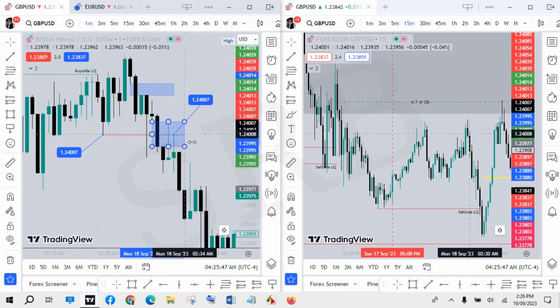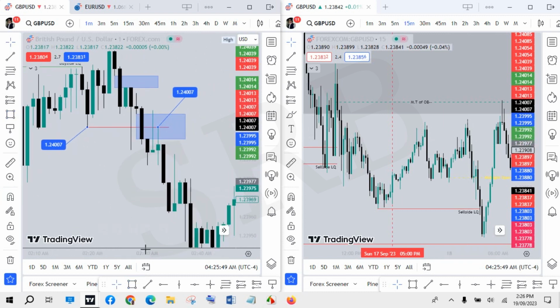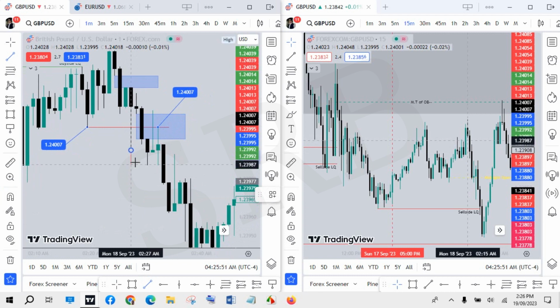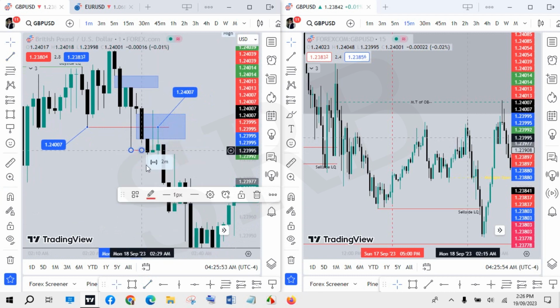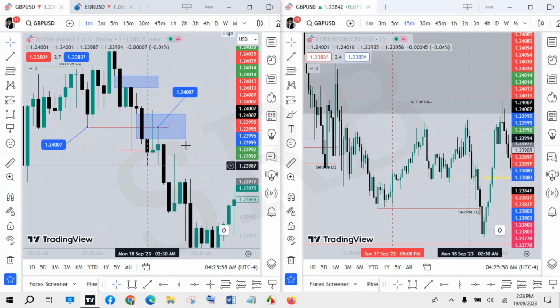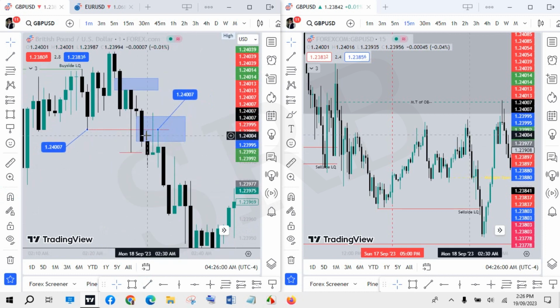what we have here is another fair value gap. This can be our market structure shift here. We have a fair value gap in this range, so price comes into it, fills the gap totally from low to high, and price comes back again, hits that bearish order block.